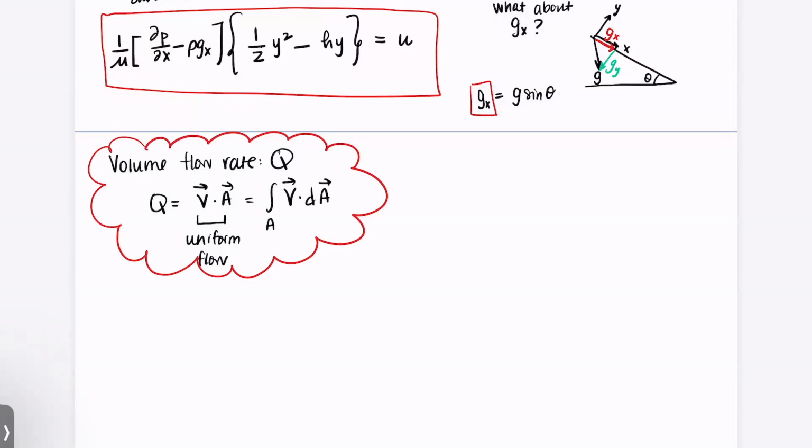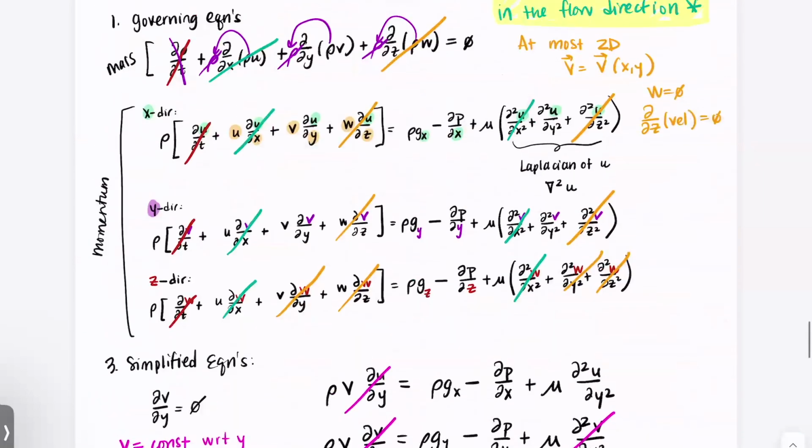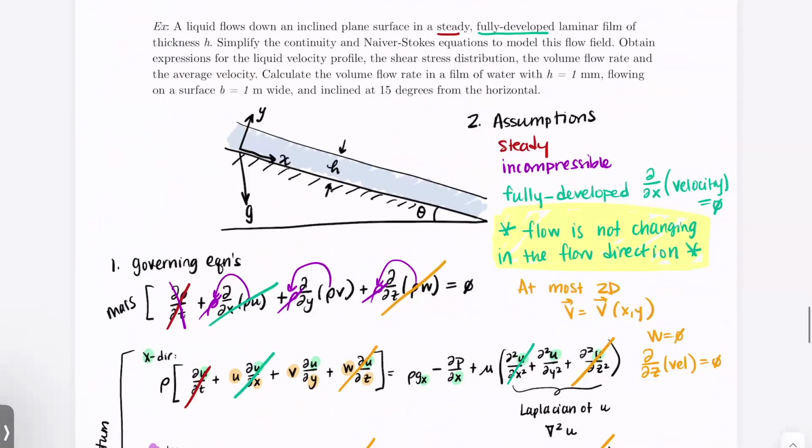just did. So for the previous example, if we want to find Q, we are going to care about essentially the Q that goes through this plane.